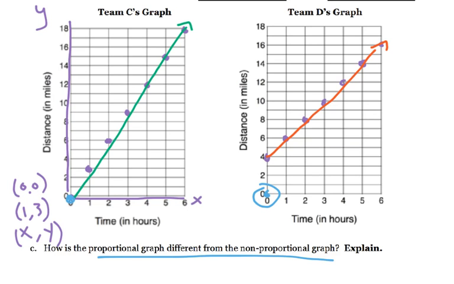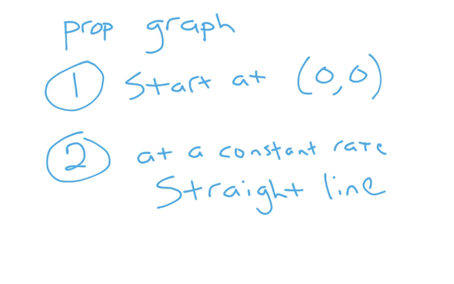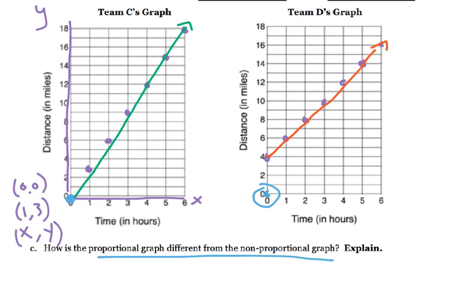And notice that here, both of the lines were straight because both of them kept going up by the same amount, but both of these things need to be true. So it has to start at 0, 0, and it needs to go up in a straight line at a constant rate. So that's how the proportional graph differed from the non-proportional graph.